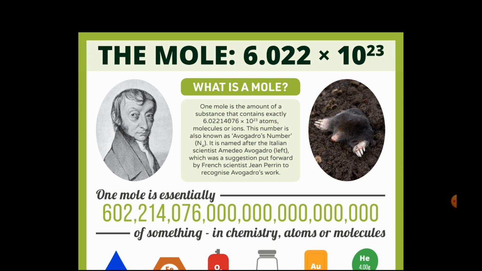So 1 mole is the amount of a substance that contains exactly that amount of atoms, molecules, or ions. This is known as Avogadro's number, and it's denoted with an N with a subscript A. On your left hand side, that is Amedeo Avogadro, the scientist that was recognized for this work.